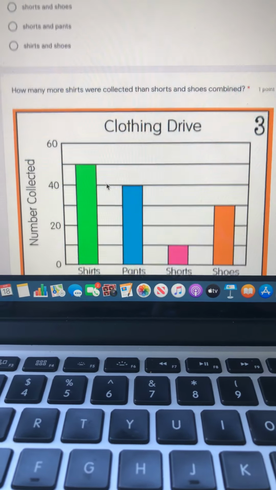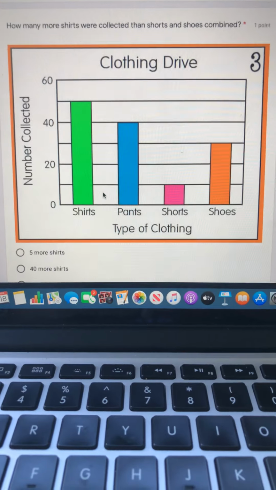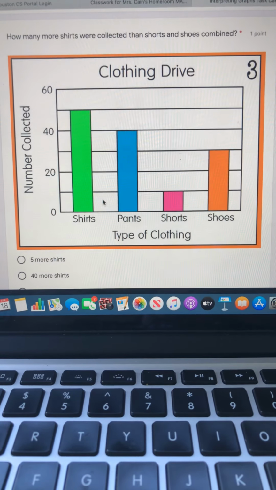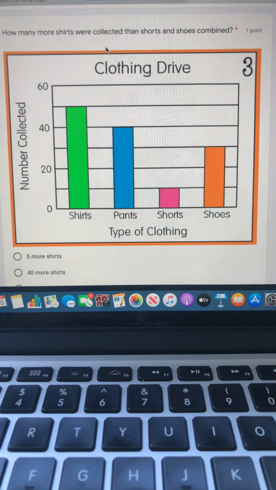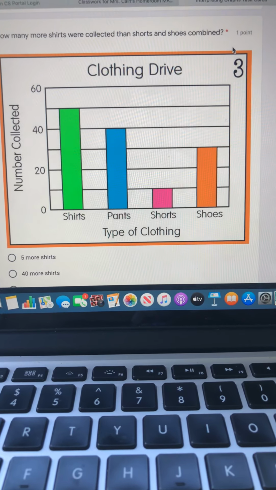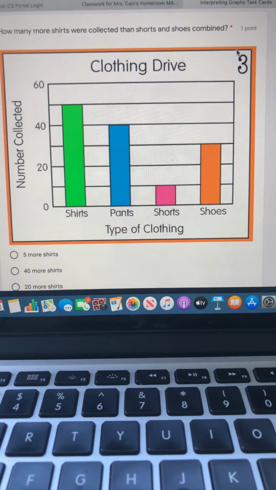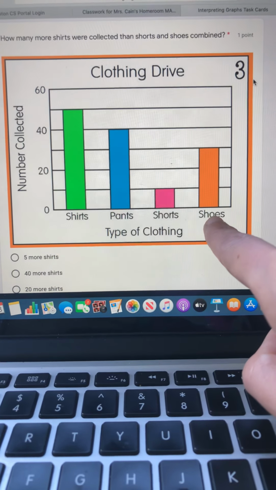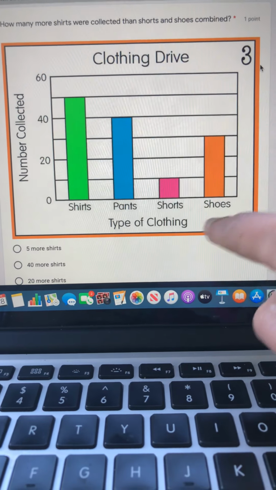All right, the next question uses the same graph. How many more shirts were collected than shorts and shoes combined? To answer this question, you need to add together how many shorts and shoes were collected.